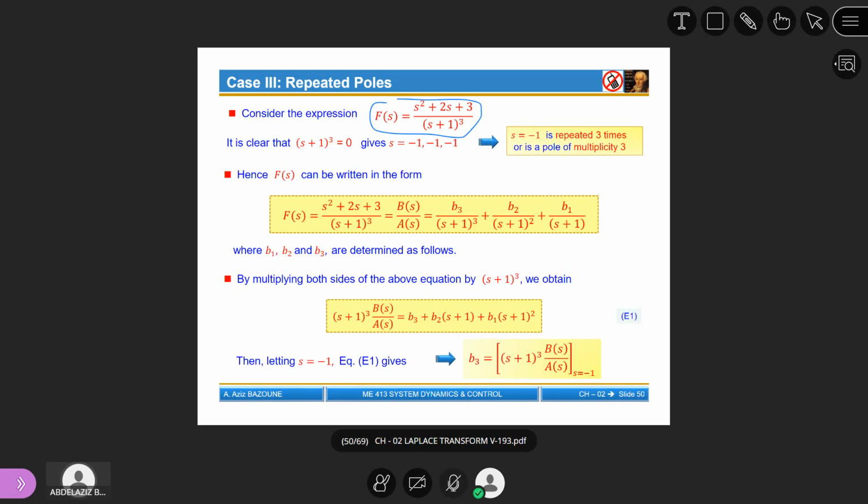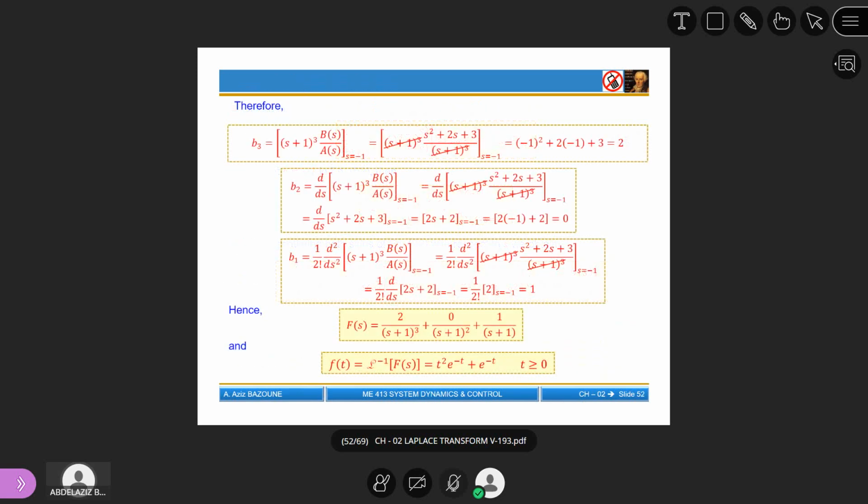For B3, we multiply both sides by s plus 1 cubed and substitute s equal to minus 1. We get minus 1 squared plus 2 times minus 1 plus 3, which is equal to 2. So B3 is equal to 2.